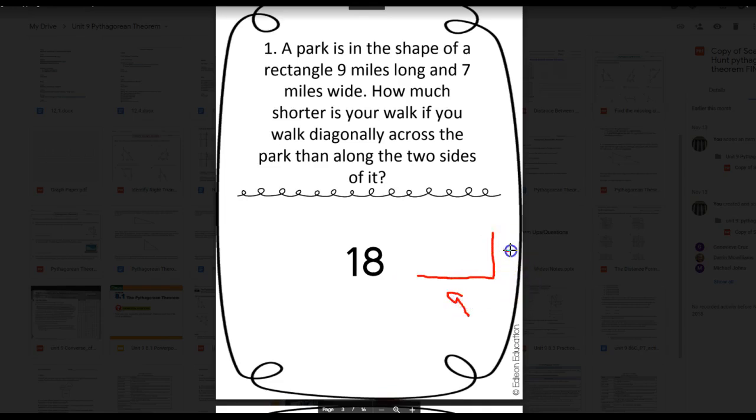You need to draw the hypotenuse, and that's what we're going to figure. So do the Pythagorean theorem and find out what that is. And then whatever that is, you need to add 9 plus 7 is 16, and you'll need to subtract your answer here to get this answer. This is a second step problem.